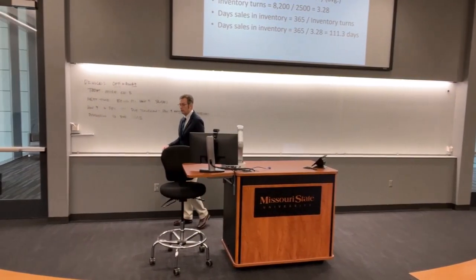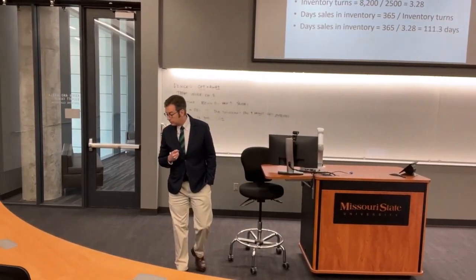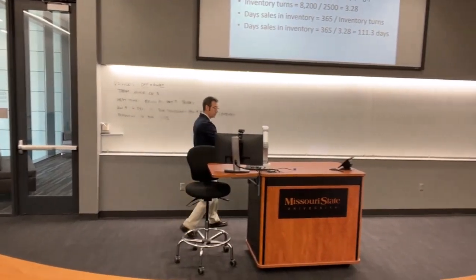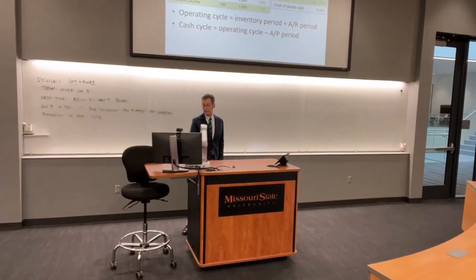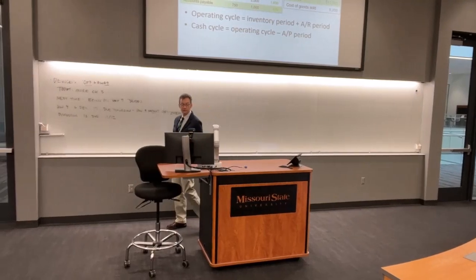Okay, so we've already got that the cost of goods sold is 8,200, the inventory is 2,500, and if you don't believe me, you can look back at the previous slide. We've got 8,200 cost of goods sold, 2,500, oh wait a minute. Why are we doing 2,500 inventory?